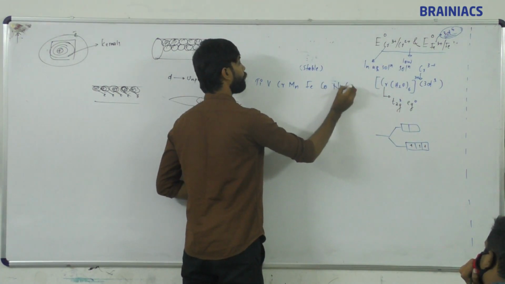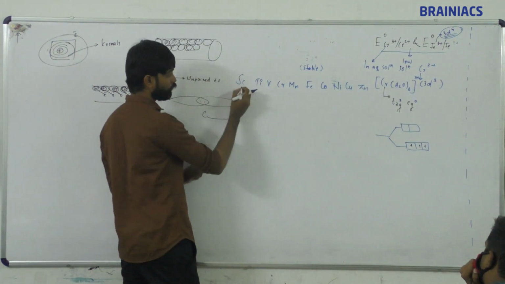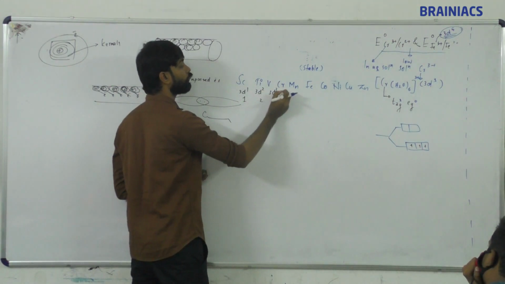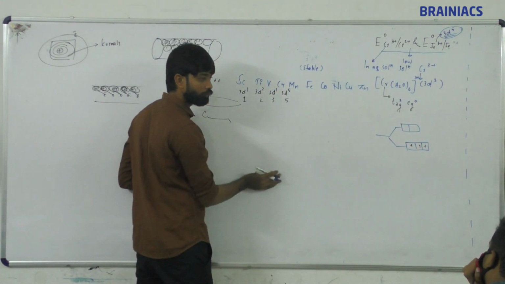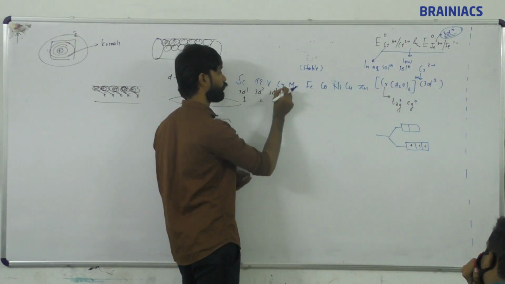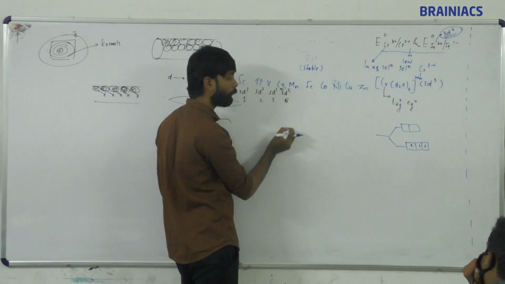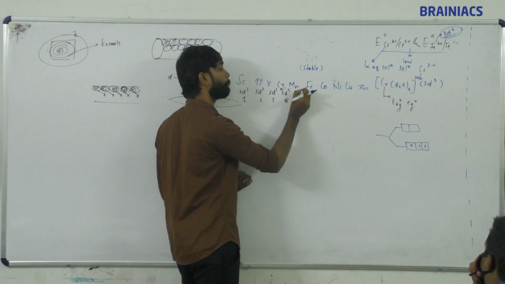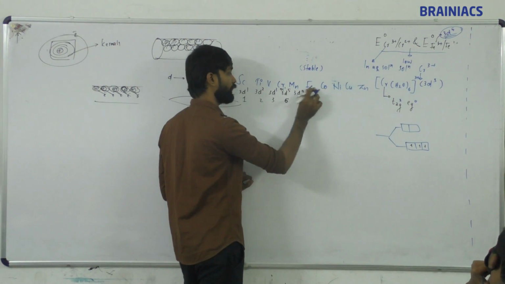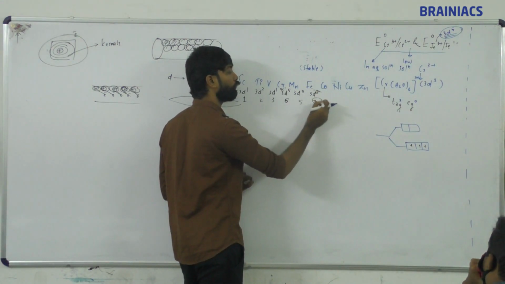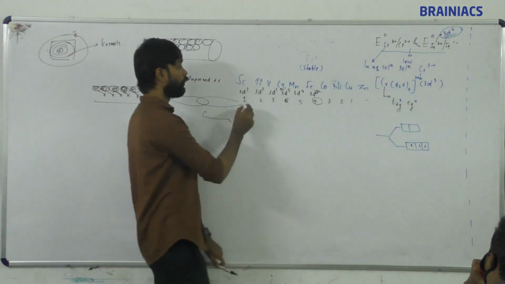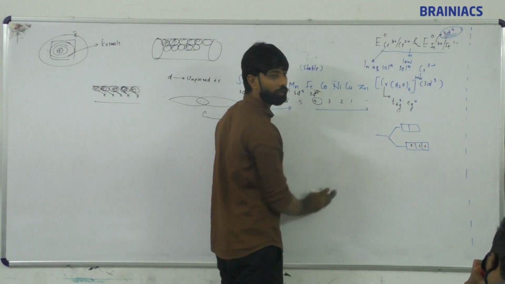Iron, cobalt, nickel, copper, zinc. 3d1 means one electron. 3d5 has five unpaired electrons, and 3d6 has four unpaired electrons, then it becomes 3, 2, 1, and so on. So the availability of unpaired electrons first increases, then decreases.